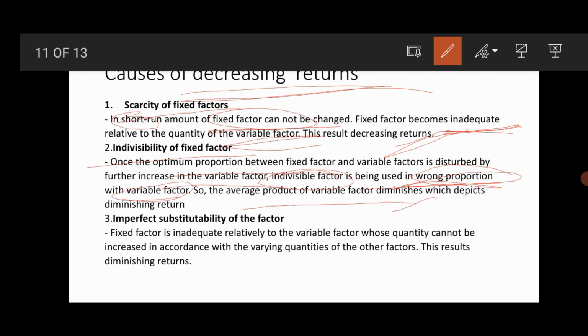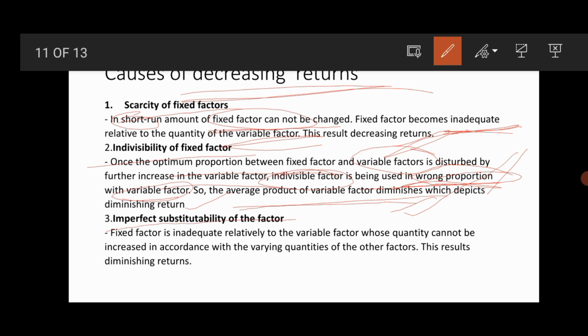Here they have employed more and more variable factors, so there will be a wrong proportion of fixed and variable factors, and because of that the average product of the variable factor diminishes, and diminishing returns start to operate.